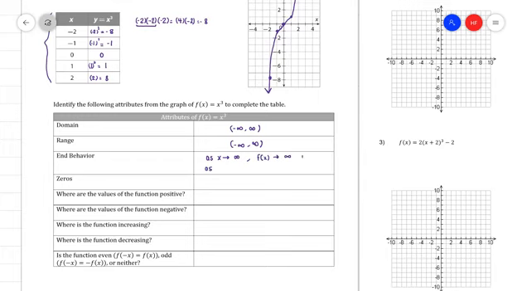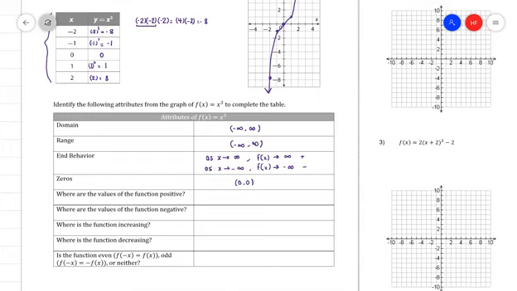Or we would say increasing. As x approaches negative infinity, so going to the left direction, my y values are decreasing, so we are approaching negative infinity. My zeros are wherever it crosses the x-axis, and the only point where it is crossing is 0, 0.